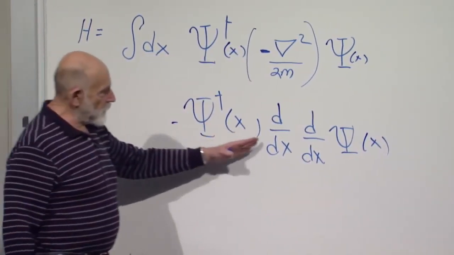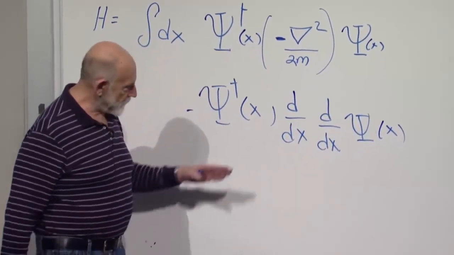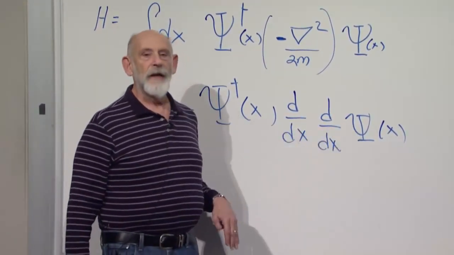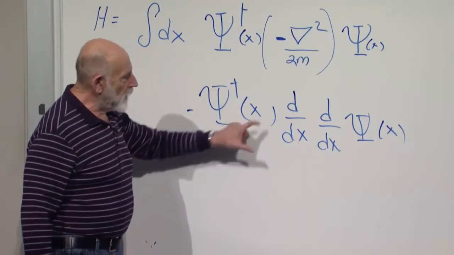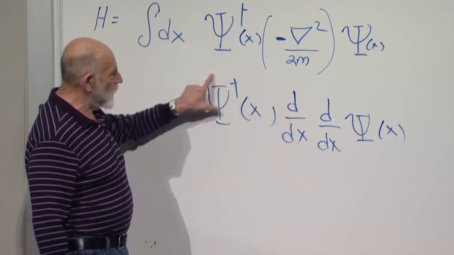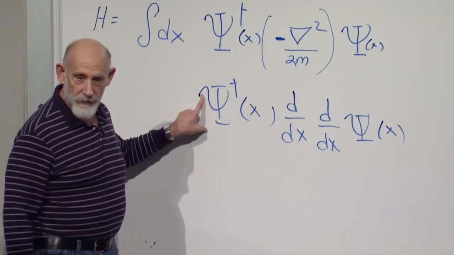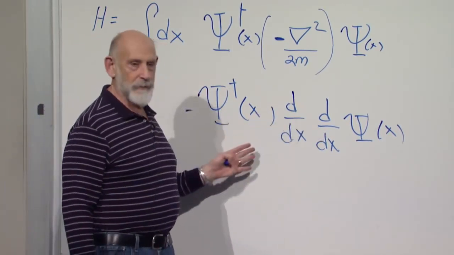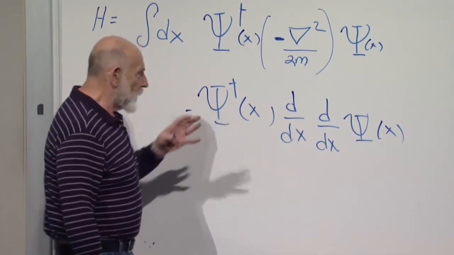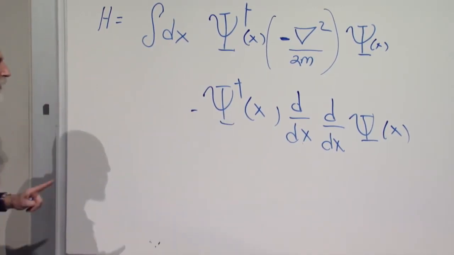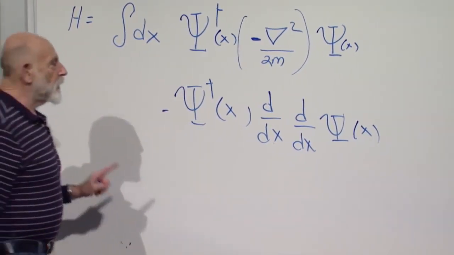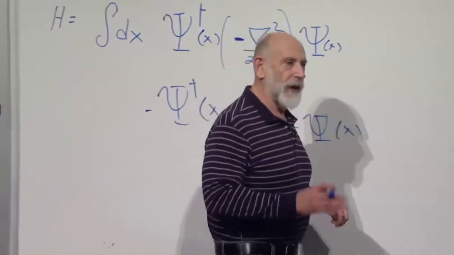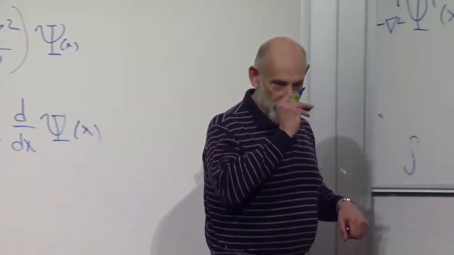The d by dx's both act to the right, on psi. Integration by parts allows you to take one of these derivatives and shift it to the other side. In fact, it would allow you to take both of them and shift them to the other side, but I don't want to shift both. I just want to shift one of them. But what do you have to do when you integrate by parts, in addition to taking the derivative and shifting it to the other factor?